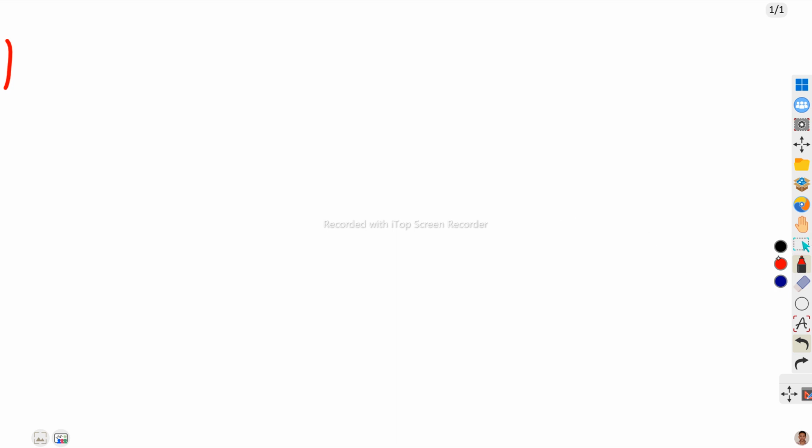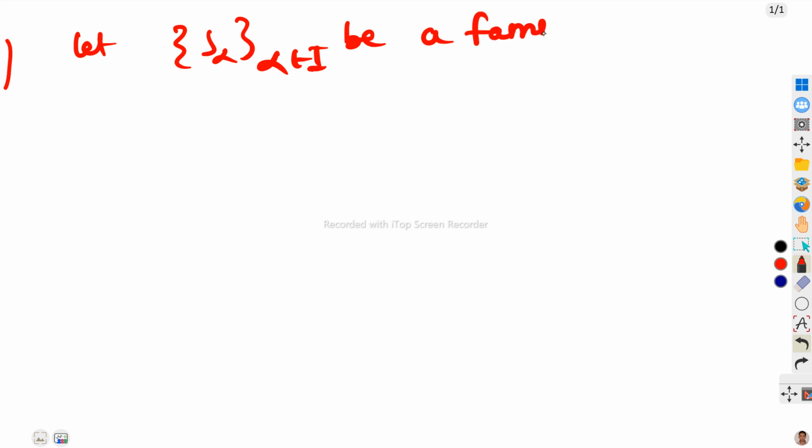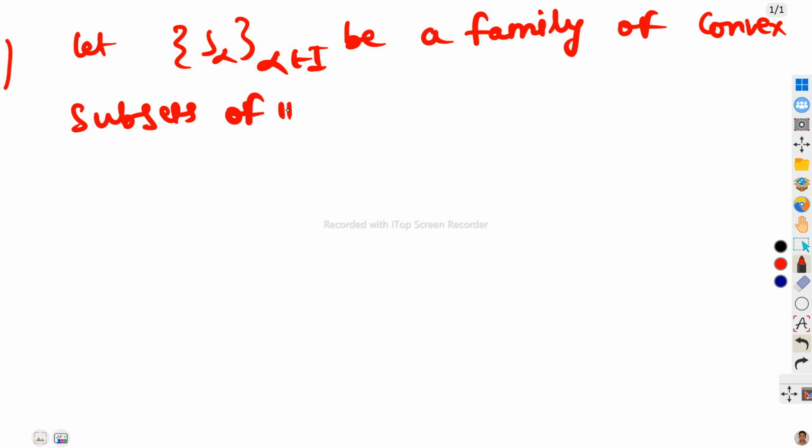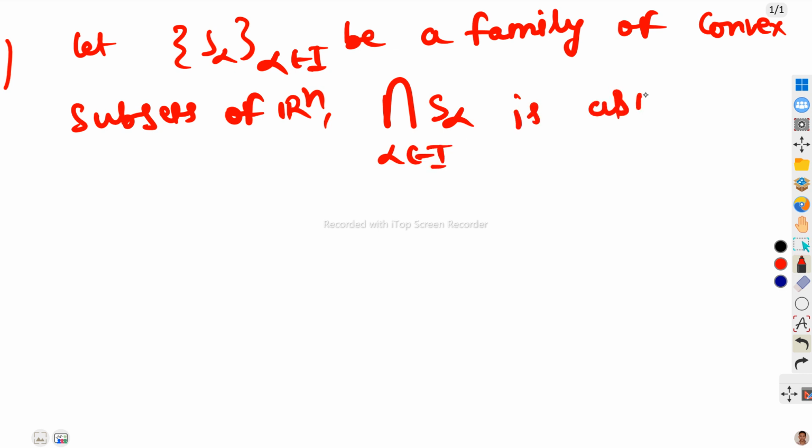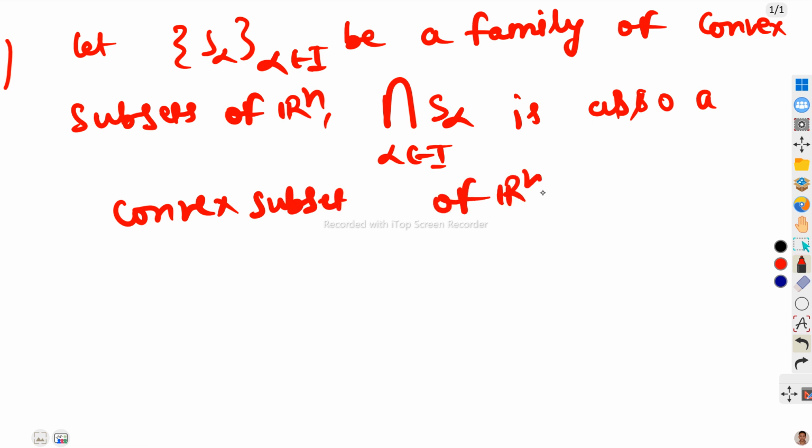Let S alpha, alpha in I, be a family of convex subsets of Rn, then the intersection of these sets is also a convex subset of Rn.